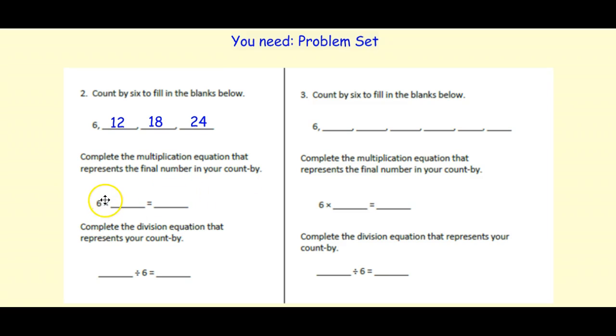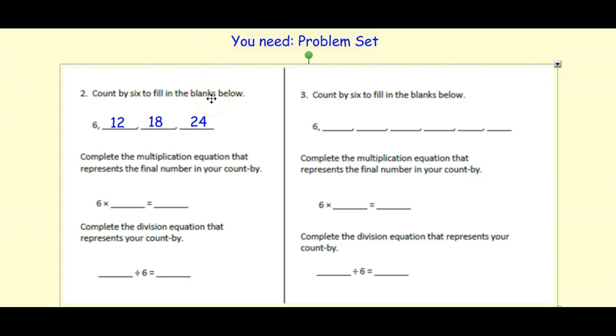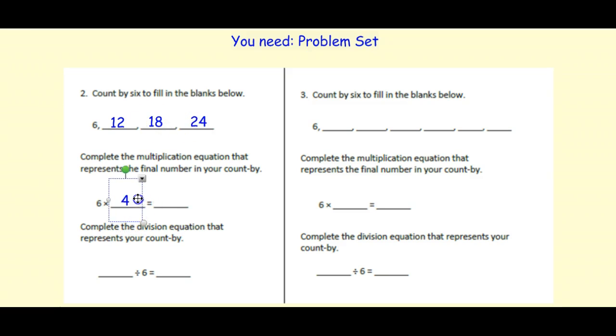The next part of this says complete the multiplication equation that represents the final number in your count by. So I know that I'm skip counting by 6s. The next part of this equation, you need to look up there and see how many times did you skip count by 6. So that would be 1, 2, 3, 4. So right here you're going to put the number 4. And then you should know that it equals 24 because that is where we stopped skip counting.